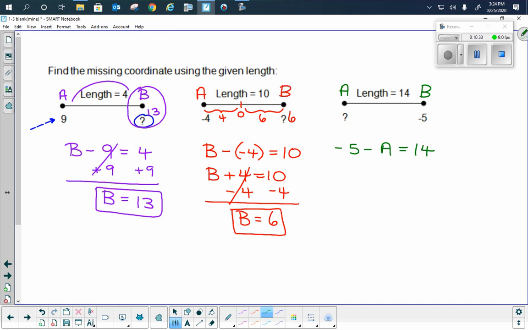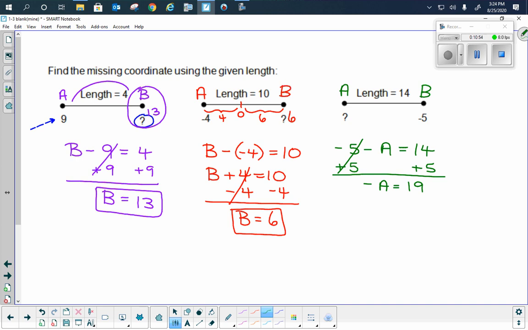You've got a couple of ways to solve this. I'm going to go ahead and leave the A on the left, but remember, it's not an A, it's a negative A. So if I get rid of the -5, I need to add 5 to both sides, making this cancel. I have negative A equals 19.